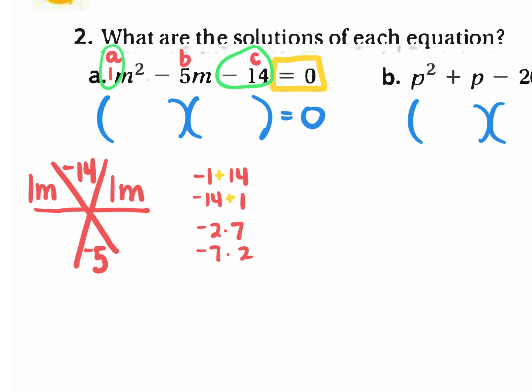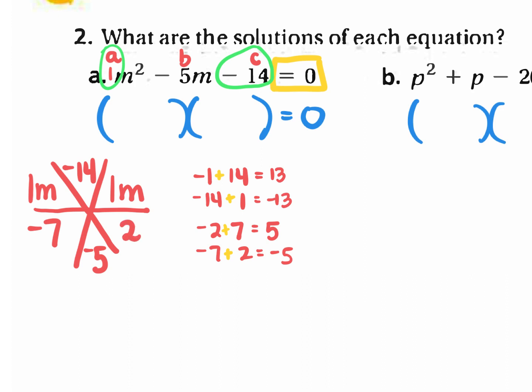If all of those became adding, one of them adds up to the right number, right? When we make this adding, this is 13. This one is negative 13. Negative 1 plus 14, negative 14 plus 1. Negative 2 plus 7, that's 5. Negative 7 plus 2, that's negative 5. That's the one I want. I want negative 7 and 2.